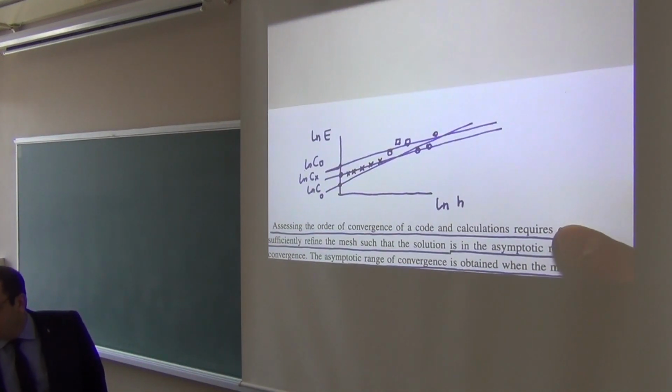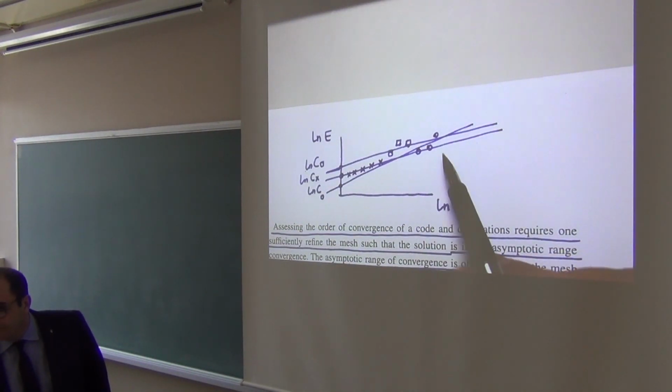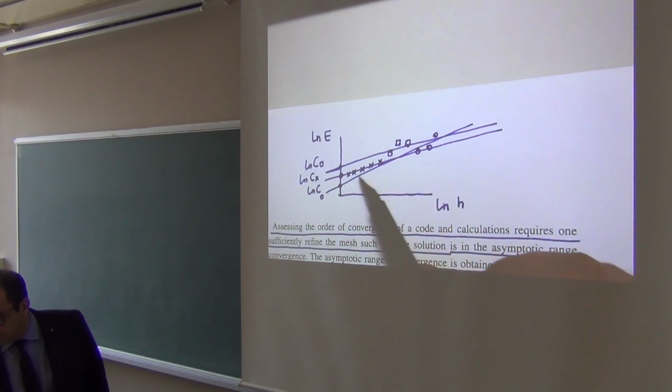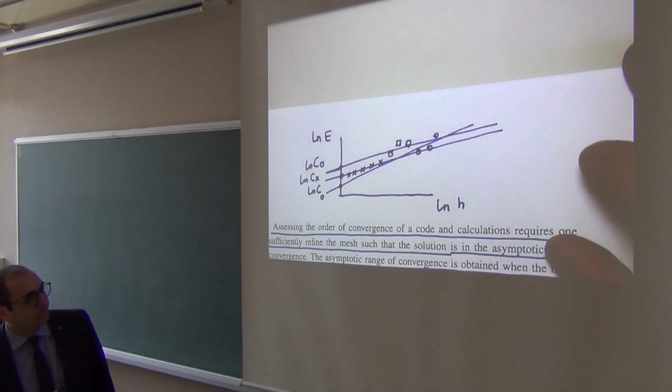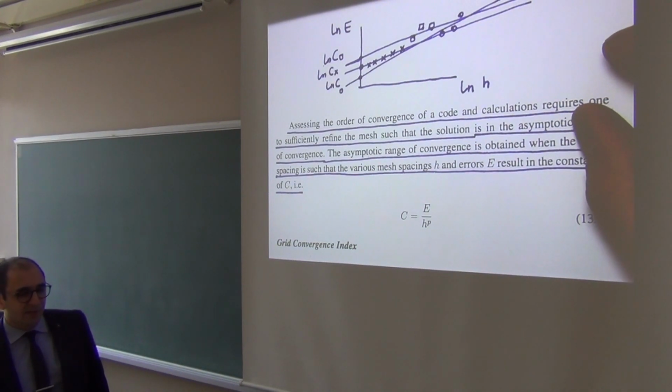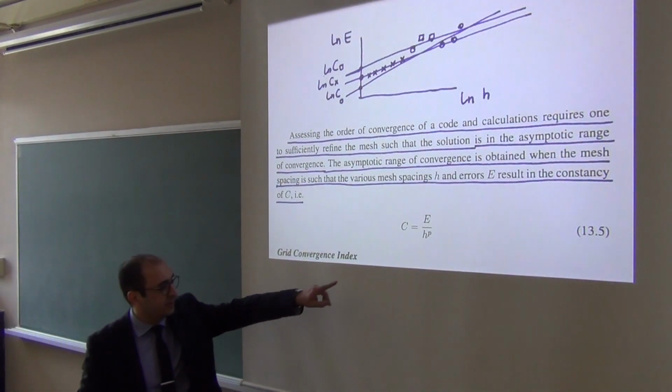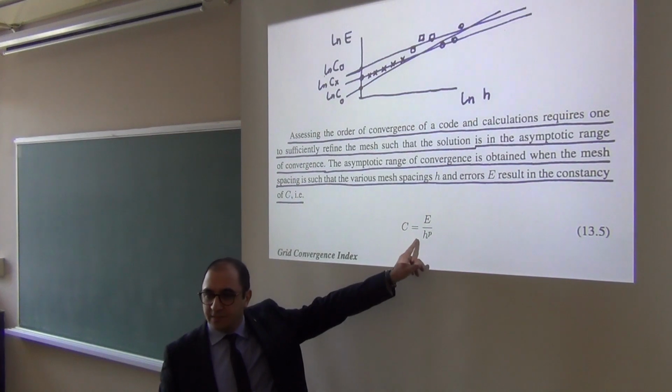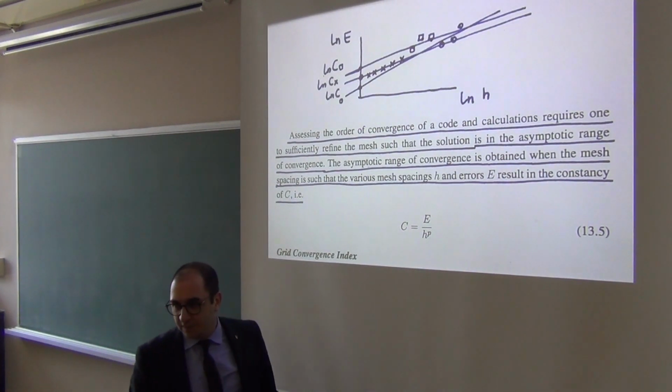So you never want to build a model which is in this region. You always want a model to be in this region. That's maybe another way to guess if your discretization is good enough. I mean, calculate this, keep calculating this, and make sure you get the same C.